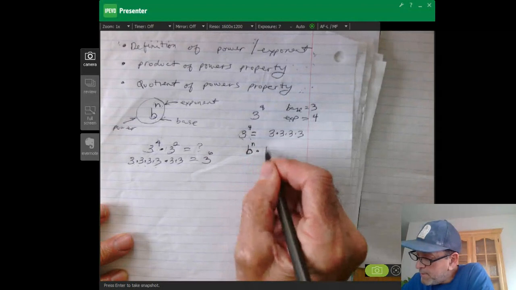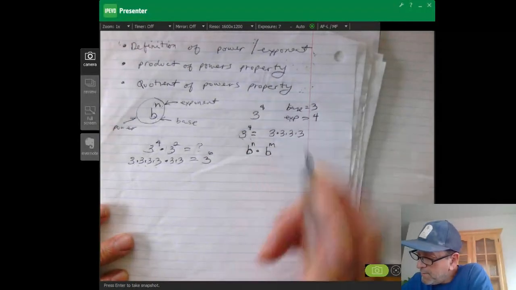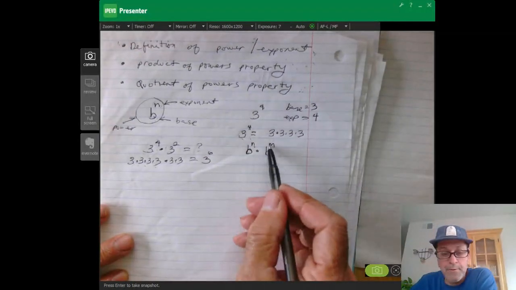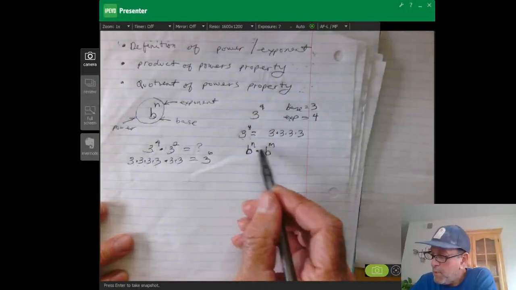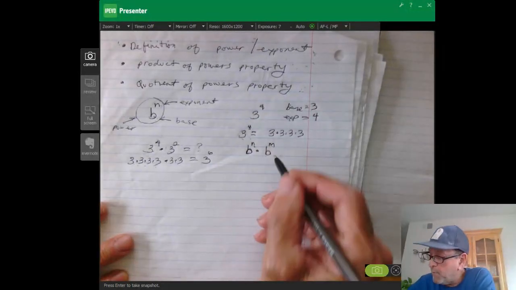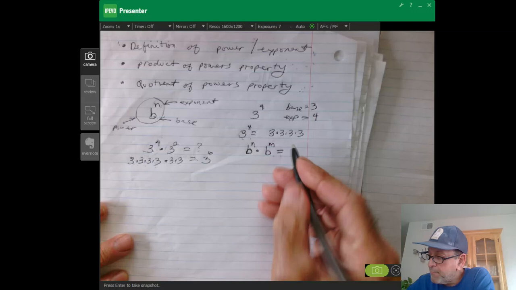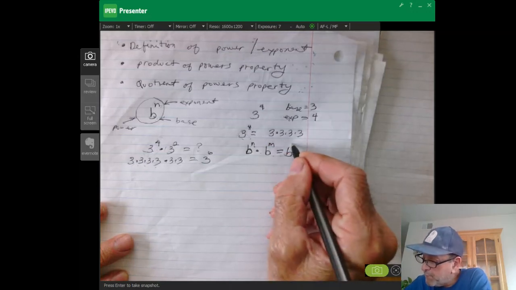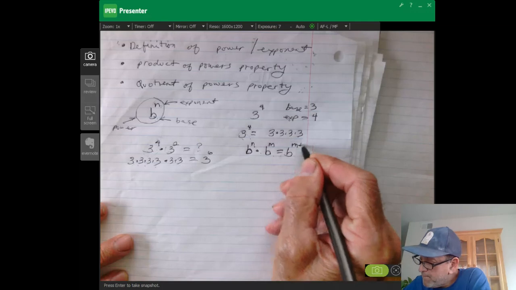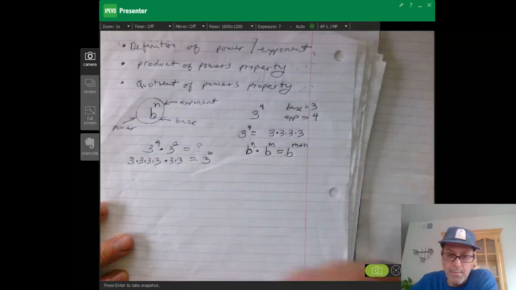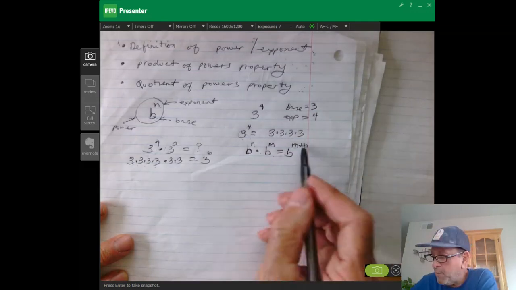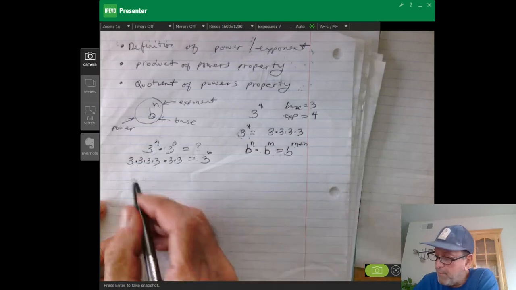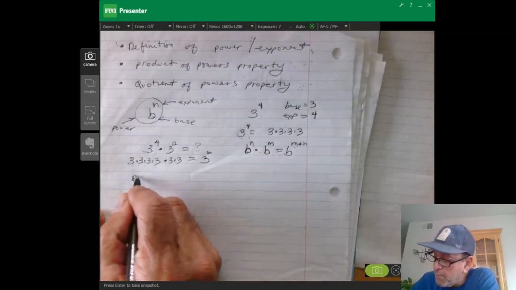b to the n times b to the m. We have two different exponents. They could be the same exponent, but we're going to write them as two different exponents. The rule is to keep the base and add the exponents: m plus n, or n plus m. It doesn't matter what order you add. So that's our property.